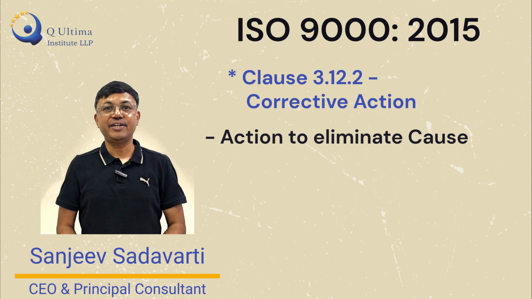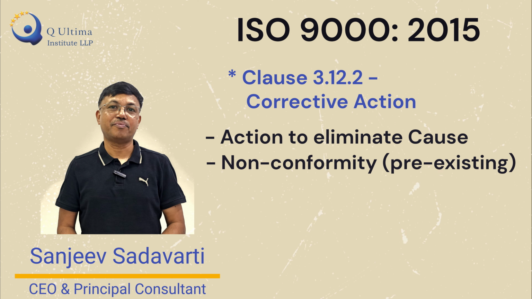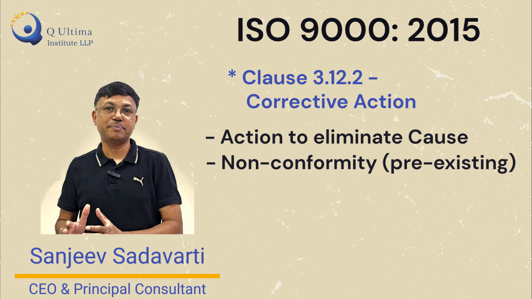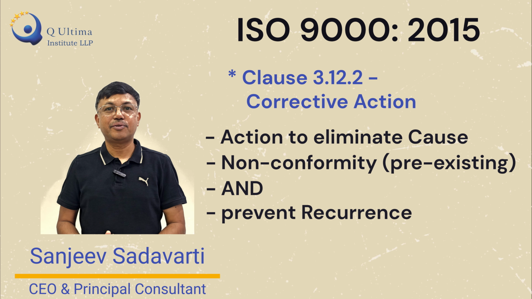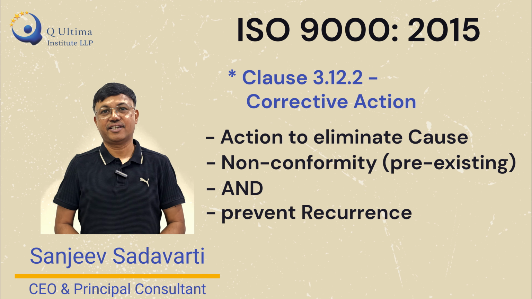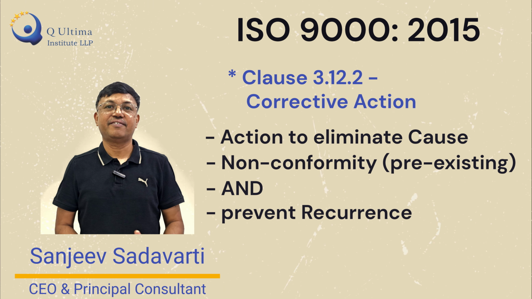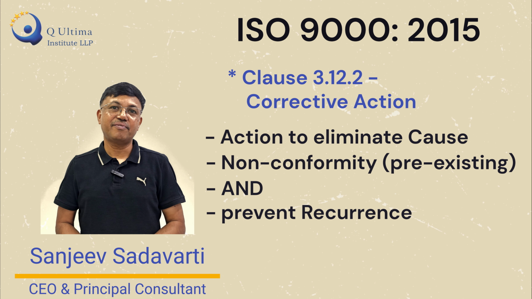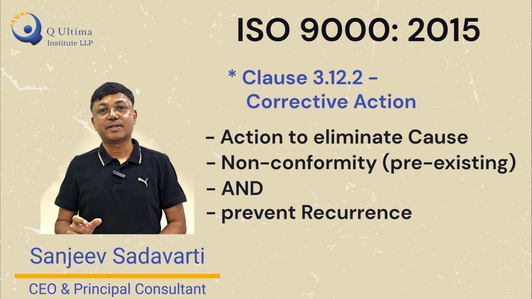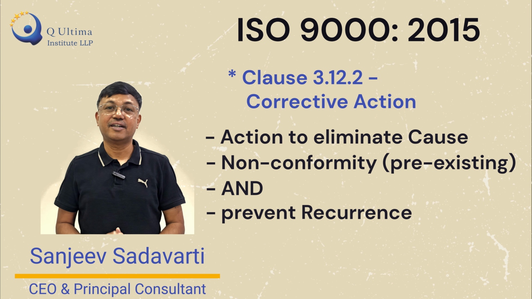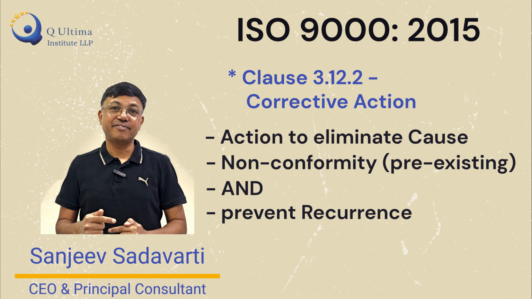Action to eliminate the cause of a non-conformity, that is a non-conformity which is pre-existing, and to prevent its recurrence is called corrective action. So the keywords that we have to keep in mind are eliminating cause and prevent recurrence, and the connecting word is and.